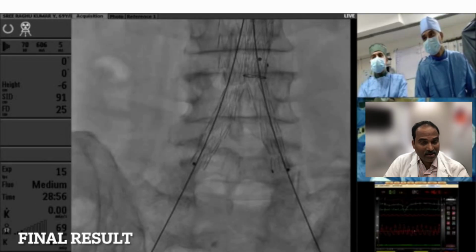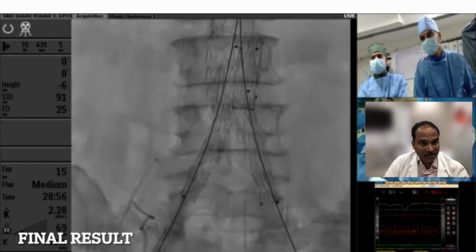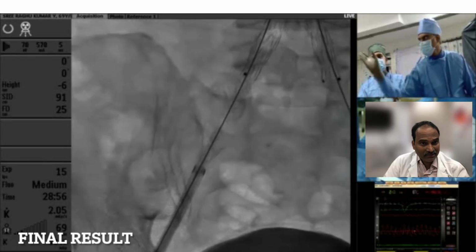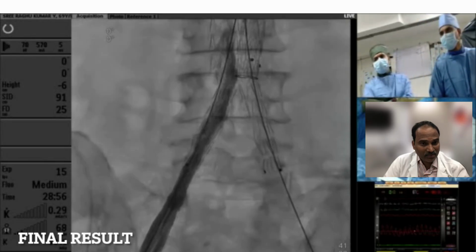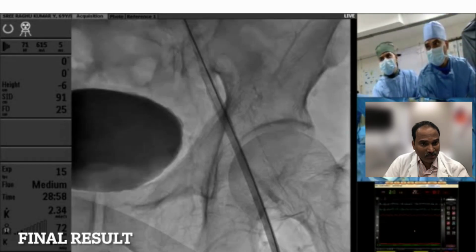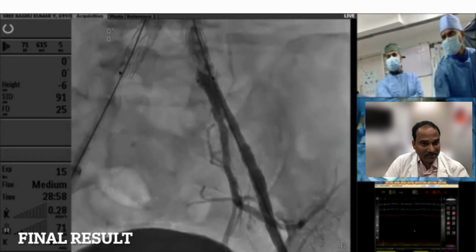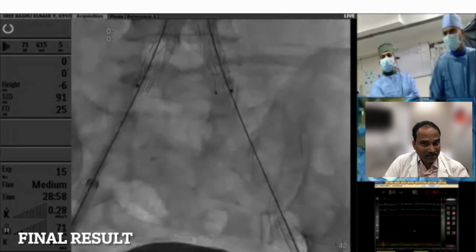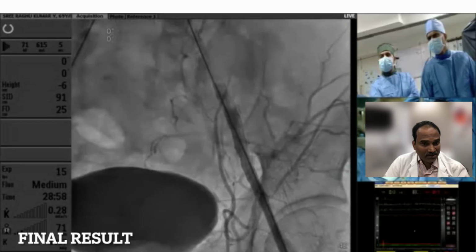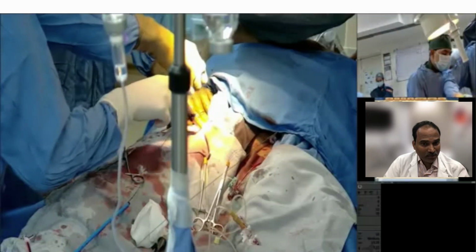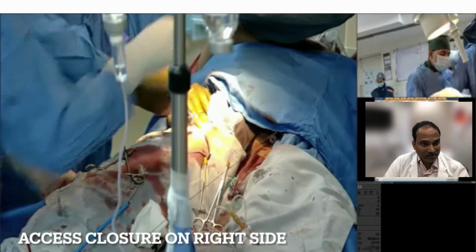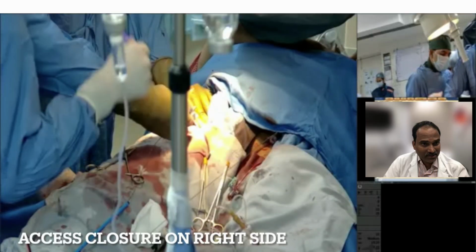So this is a final angiogram showing a good result, and we checked both iliacs for any dissection post balloon dilatation. There was nothing, and then we pulled out both sheaths followed by closure of the access.